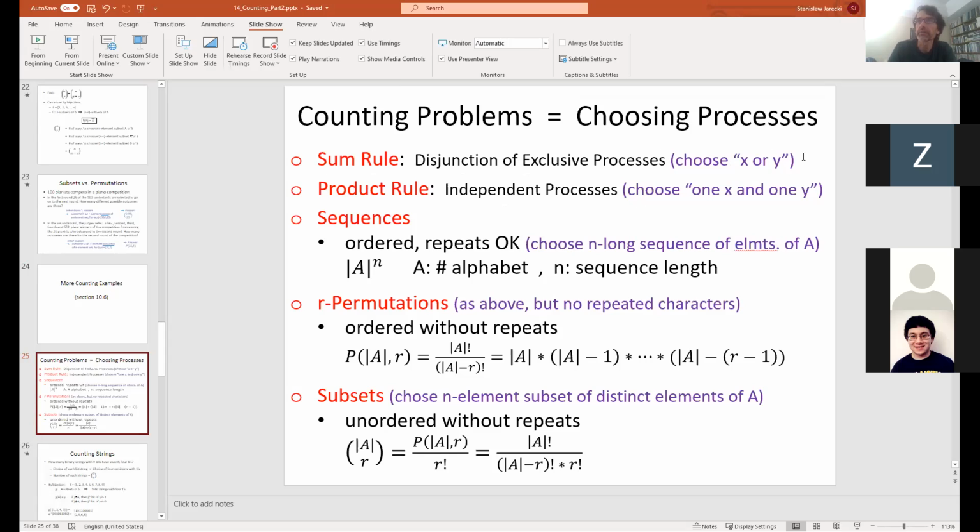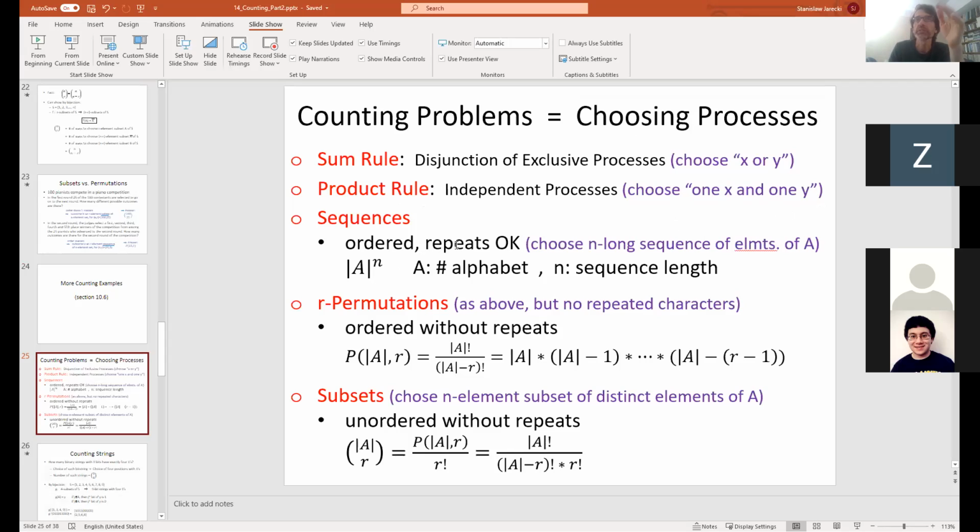You count all x's and you count all possible y's and you just add them. If you have two independent processes where choices of one and choices of the second are piled up on top of each other, in other words, as if you choose one x from the first process and one y from the second, then it's the product rule. You multiply the number of x's and the number of y's.